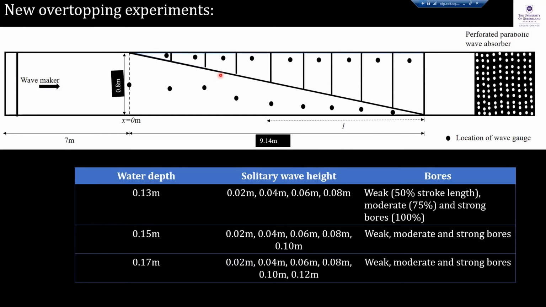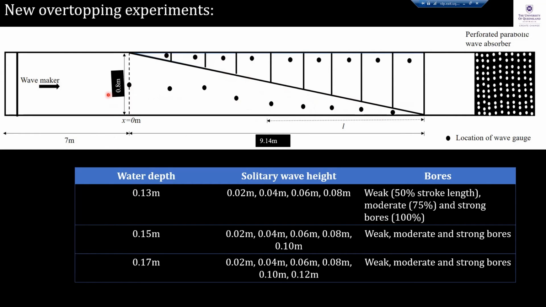So we collect overtopping volumes per meter length of the river wall and use this data for comparing with the numerical model. And we measure the wave heights along every 1 meter in the flume, and also we measure the overtopping volumes.